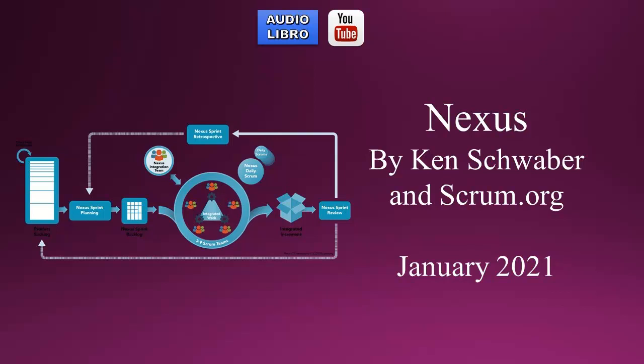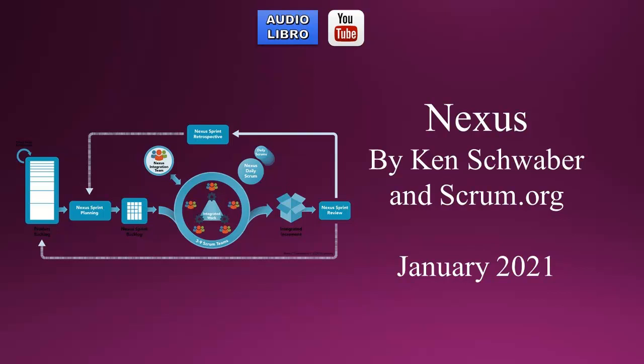A Scrum Master. The Scrum Master in the Nexus Integration Team is accountable for ensuring the Nexus Framework is understood and enacted as described in the Nexus Guide. This Scrum Master may also be a Scrum Master in one or more of the Scrum teams in the Nexus. One or more Nexus Integration Team members.